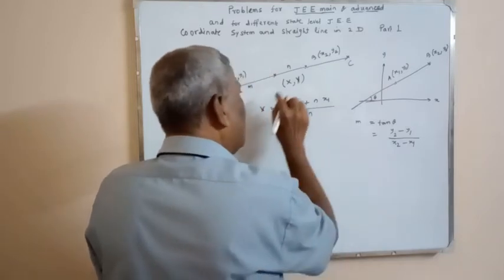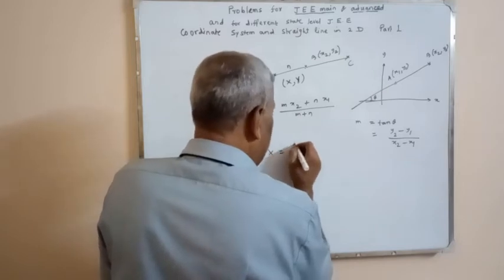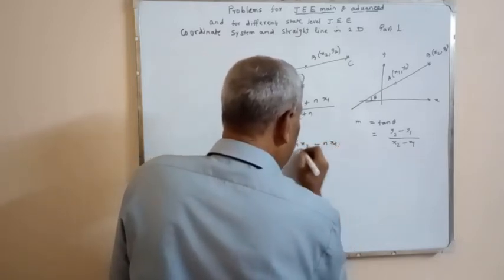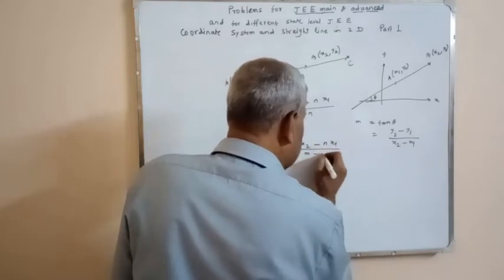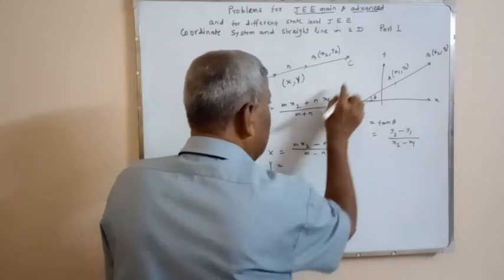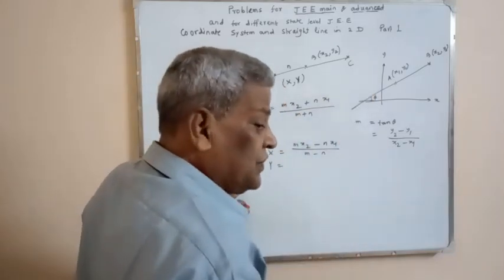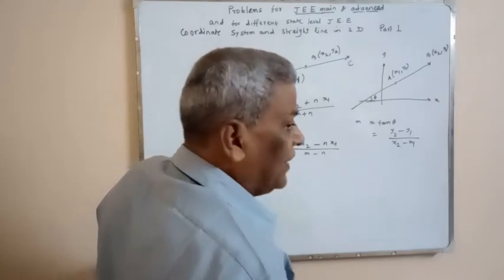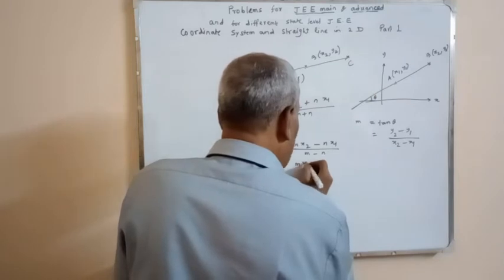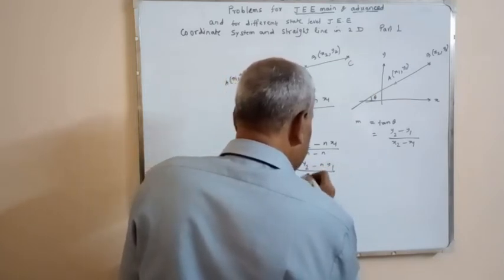In that case, x is equal to mx2 minus nx1 divided by m minus n. And in the same way, capital Y, that is the y coordinate of the point C, which divides AB externally in the ratio m is to n, is my2 minus ny1 by m minus n.